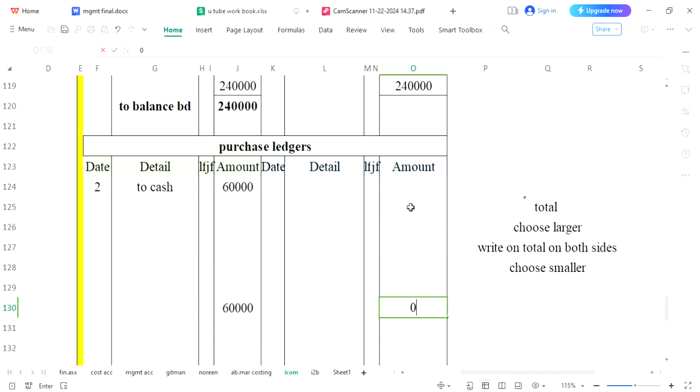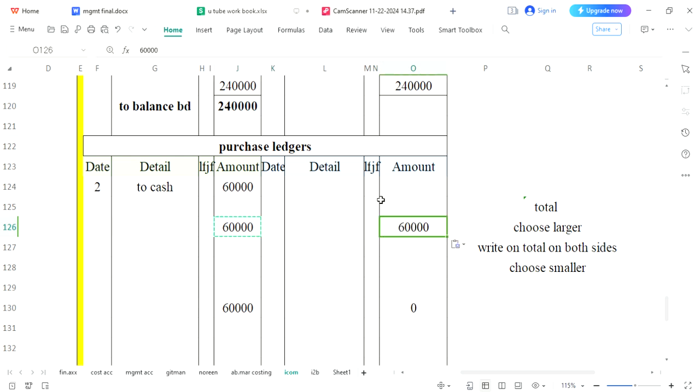Next step, choose the larger sum. The larger sum is 60,000, and write it on the total of both sides. The larger sum we have taken, 60,000, would be written on the total of the debit side, and in the similar way we are going to write the same total on both sides.